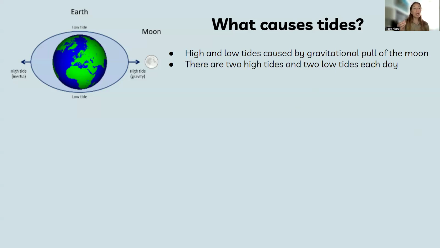And these bulges of water are called high tides. As the Earth rotates, your region of Earth is going to pass through each of these bulges during the course of the day. So when you're in one of those bulges, you have a high tide. That's why we have two high tides and two low tides during the course of one 24-hour period.